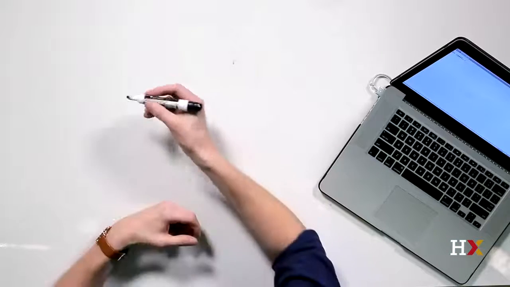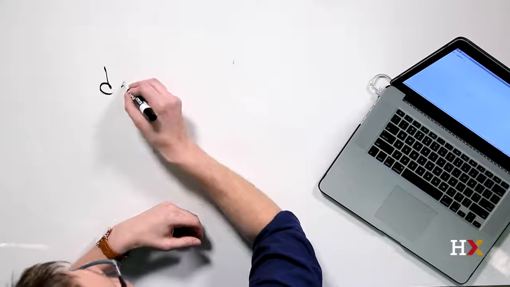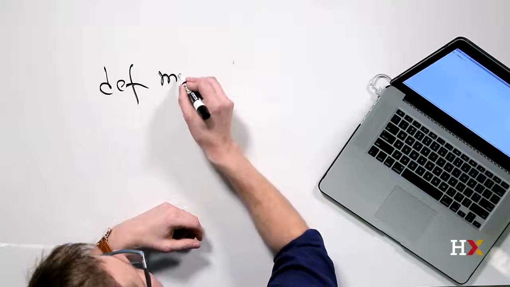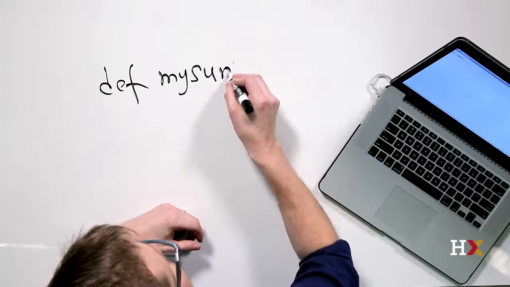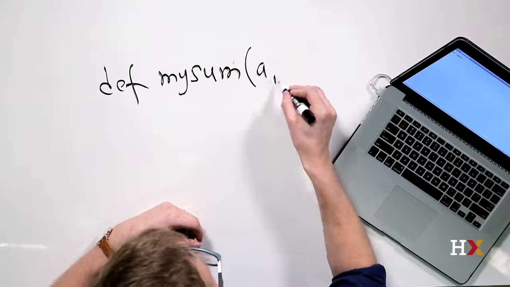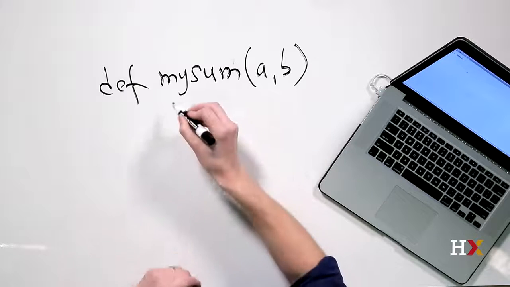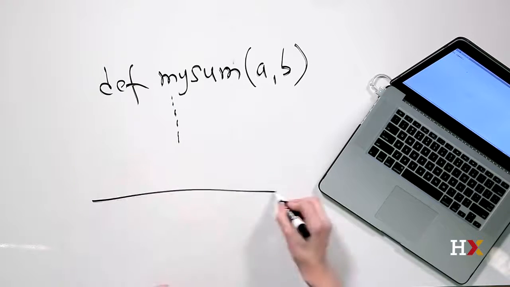Arguments to Python functions are matched by position. Let's take a look at what that means. If we define a function, mySum, which has two arguments, a and b, here we would have the code of the function.